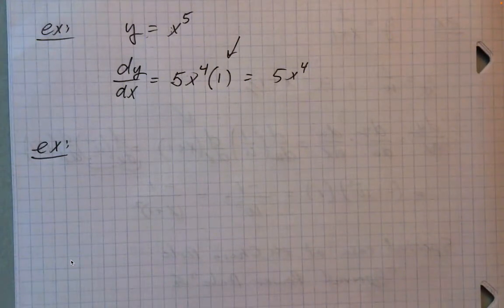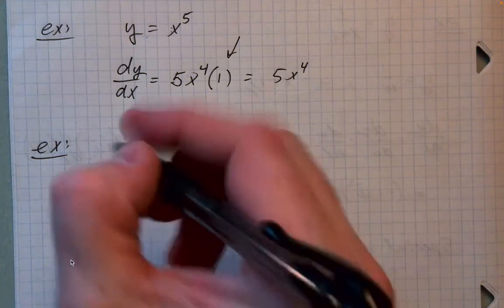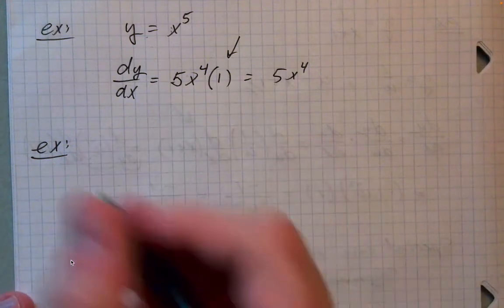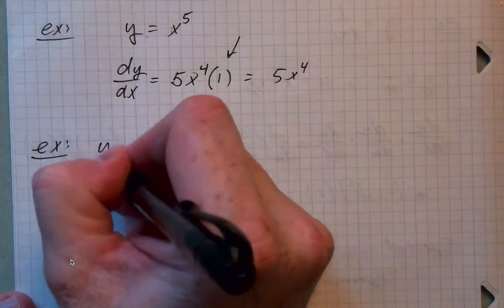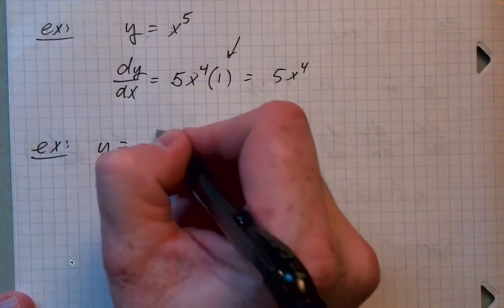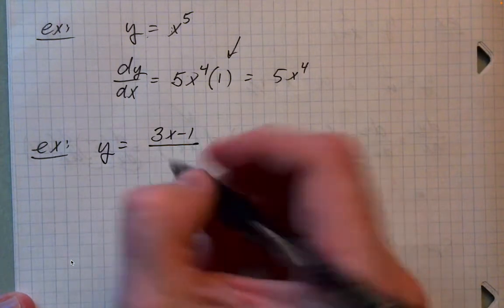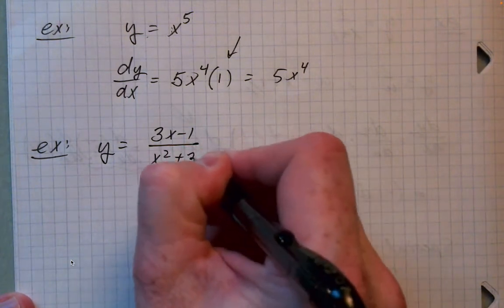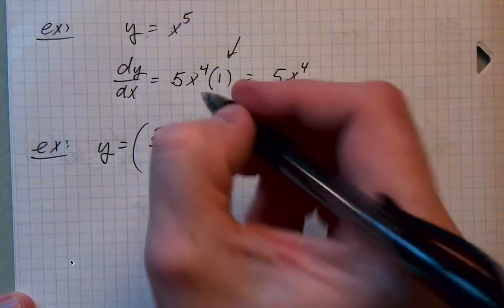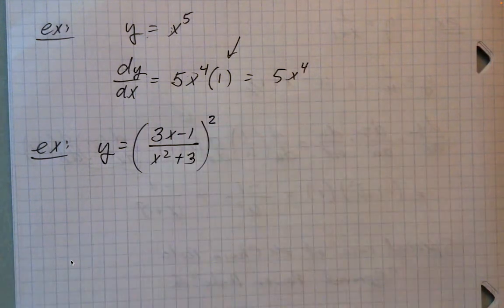So let's take a look at this one. This is a little more complicated example. So we'll say y equals 3x minus 1 divided by x squared plus 3, and then the whole thing is squared.